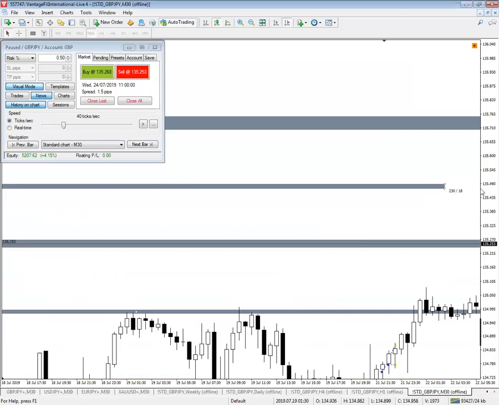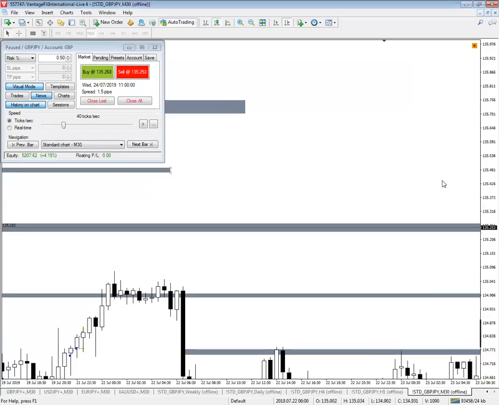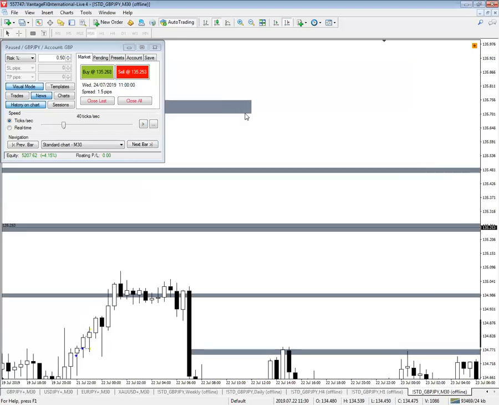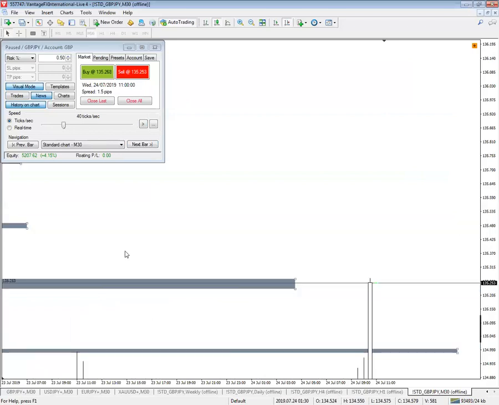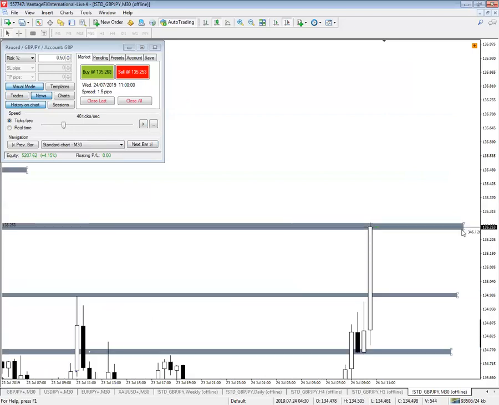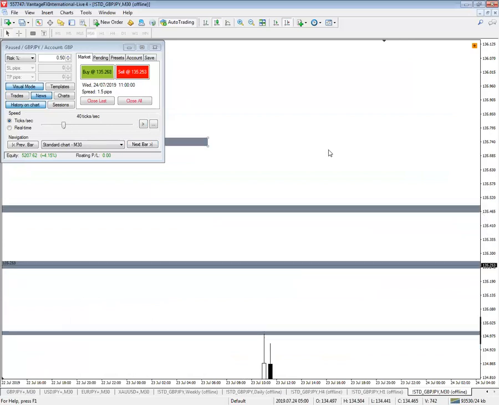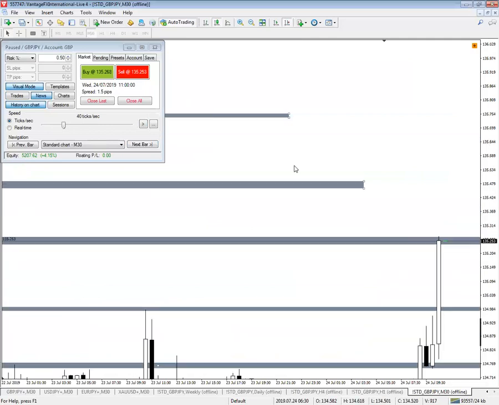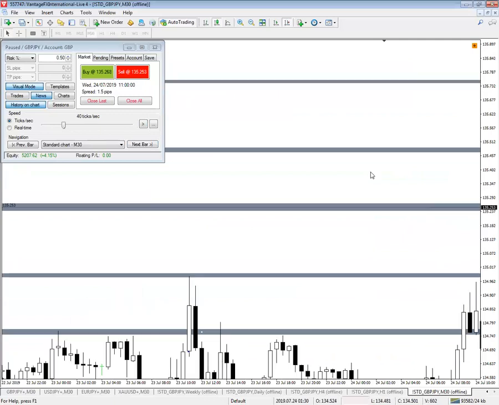Let's drag these two along. So we've got our, yeah, so it looks like price literally came up to this area and closed right at it. Cool, so drag this one and this one.